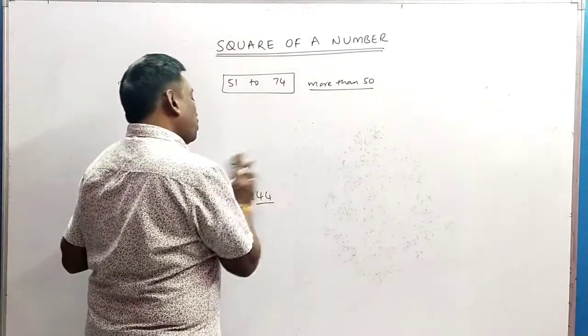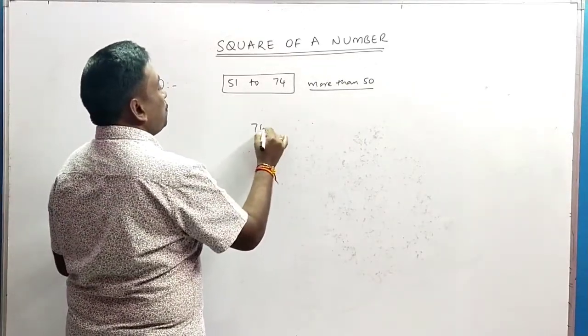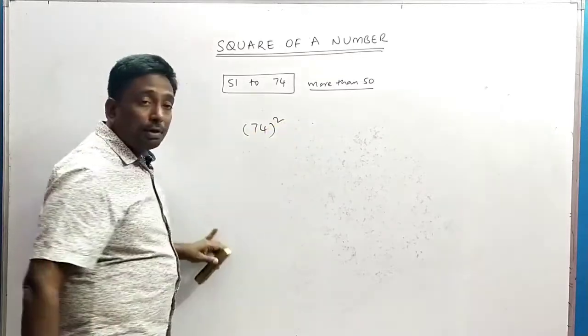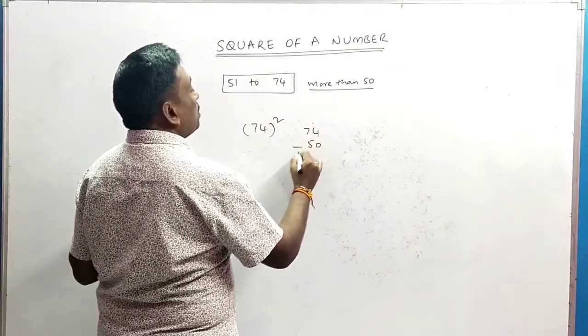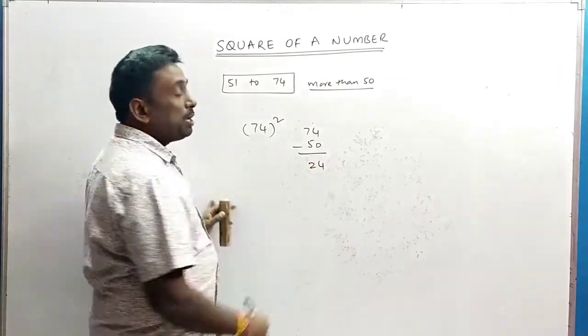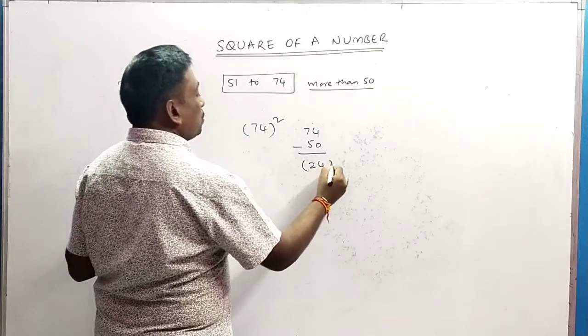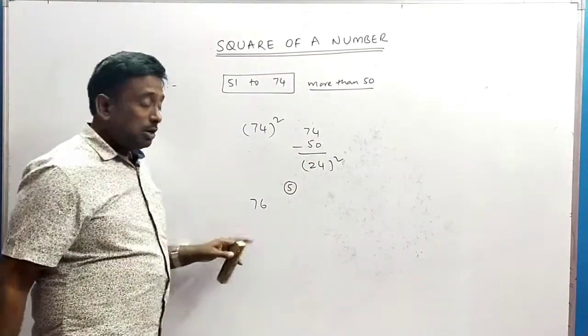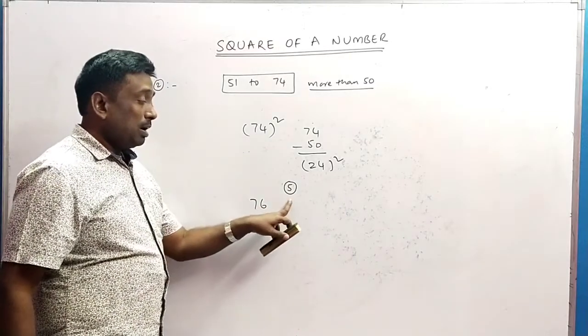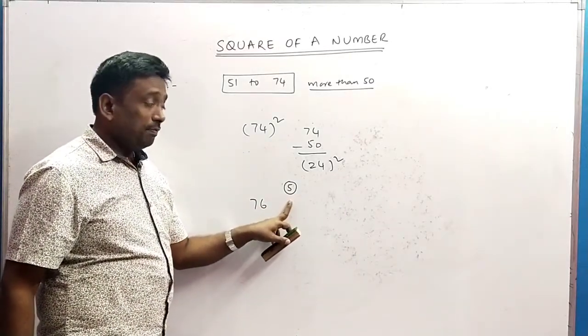One more: 74 square. How to find the square of 74? Now compare 74 with 50, that is 24 more. Square this 24. Square of 24 is 576. Take 76 in 2-digit format and 5 is carry for the next step.